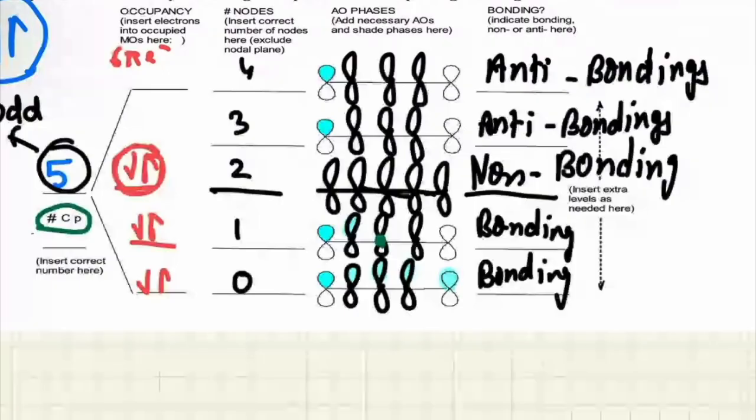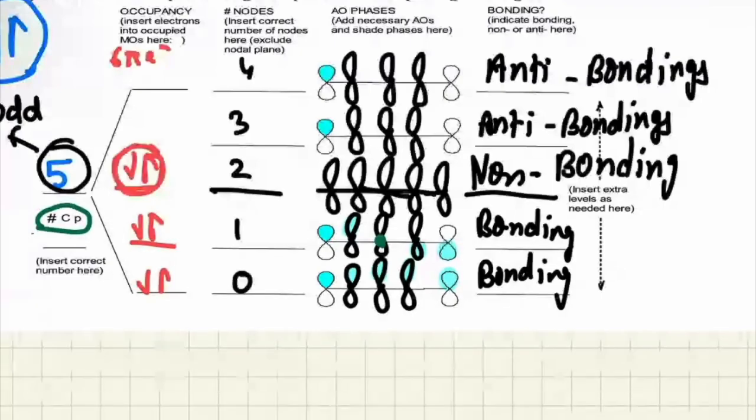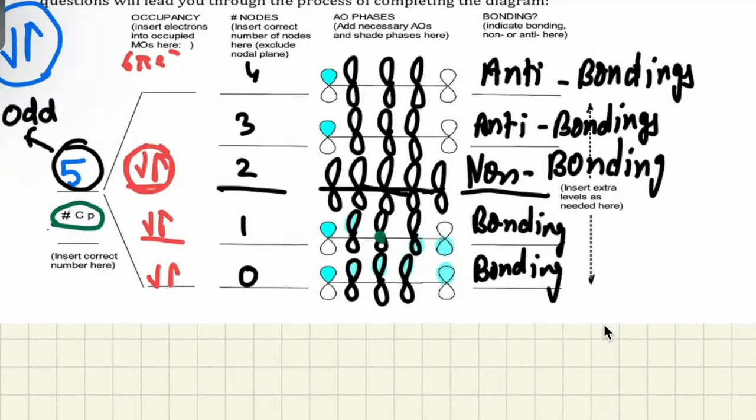Now we'll just focus on elongating this, because then it's easier to draw those waves over here. Let's say the node starts from here.